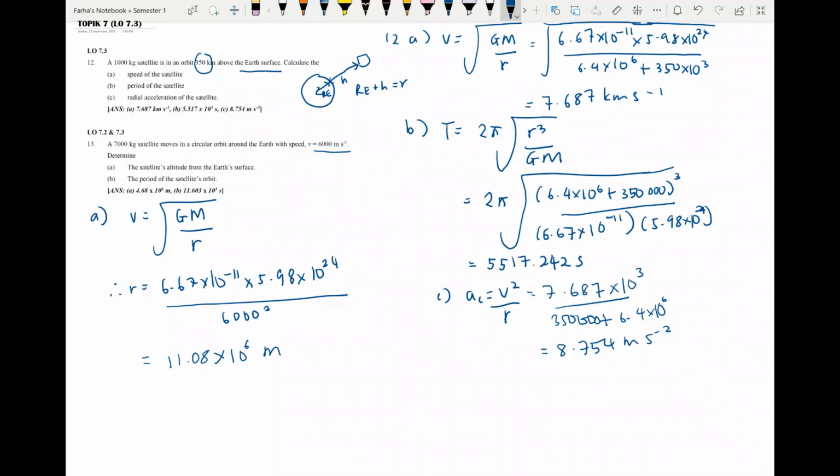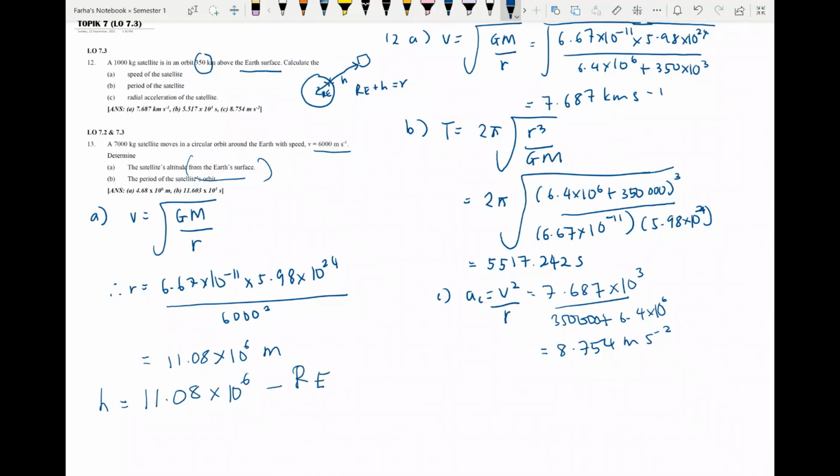What we get here is the distance from the center to the satellite, but the question needs to determine the satellite altitude from the Earth's surface. So we need to find out the H, which is H equals 11.08 power of 6 minus RE.